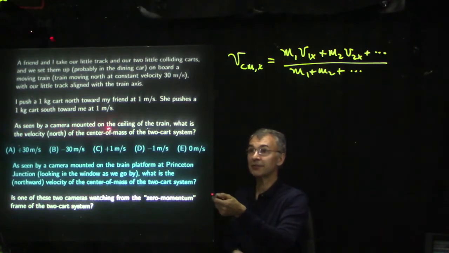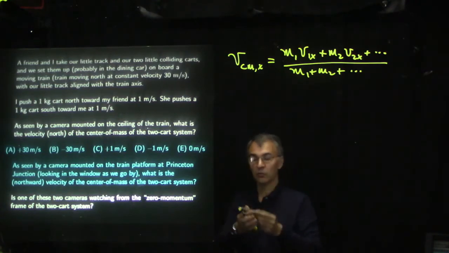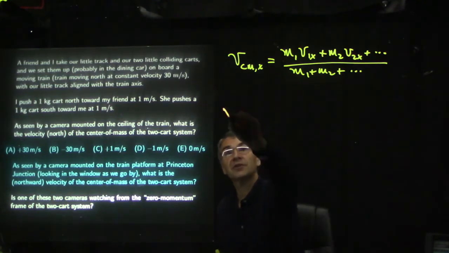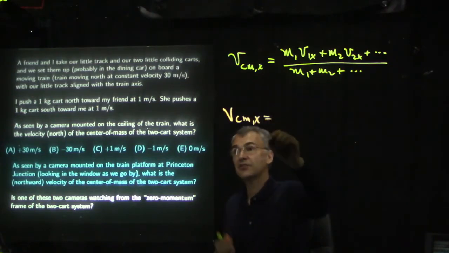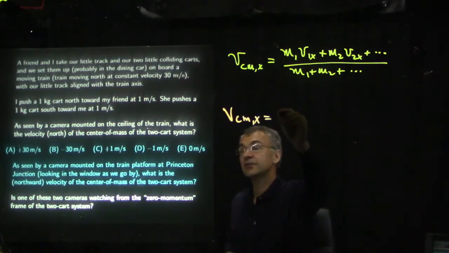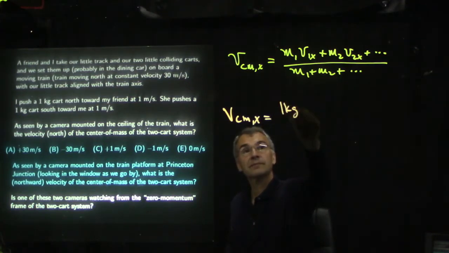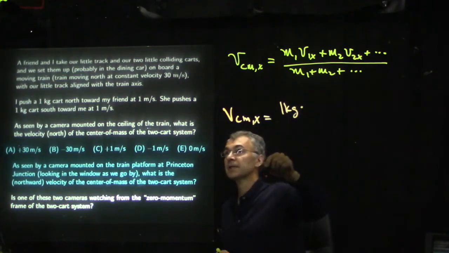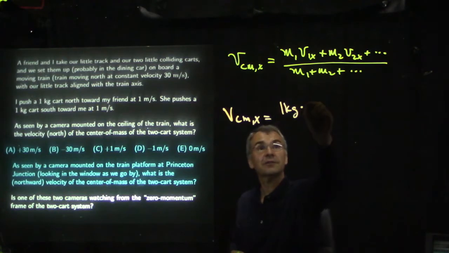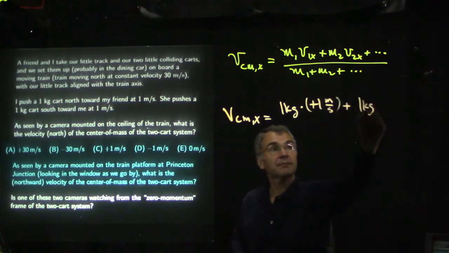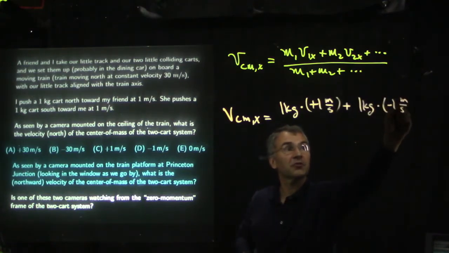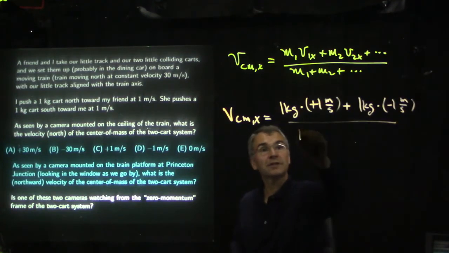As seen by a camera mounted on the ceiling of the train, what is the velocity north of the center of mass of the two-cart system? Well, I would say this is VCMX, as seen by the camera on the ceiling of the train. So this is 1 kilogram times 1 meter per second plus 1 kilogram times minus 1 meter per second, divided by 1 kilogram plus 1 kilogram.